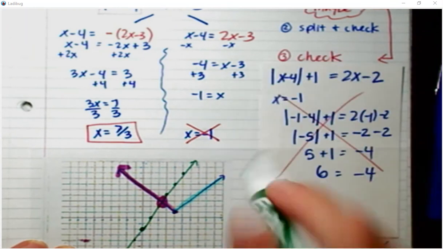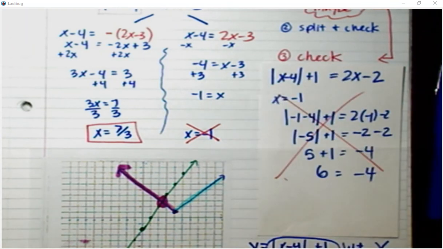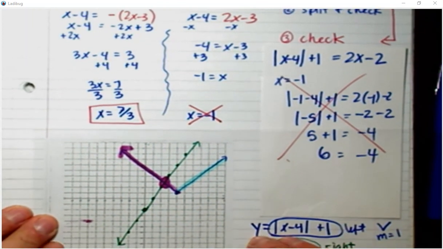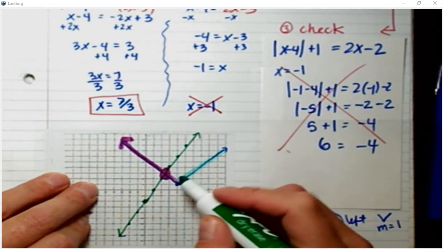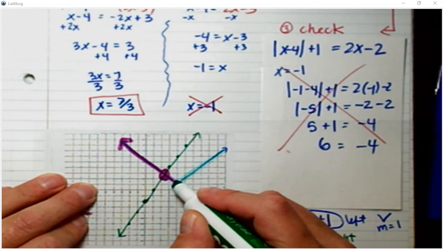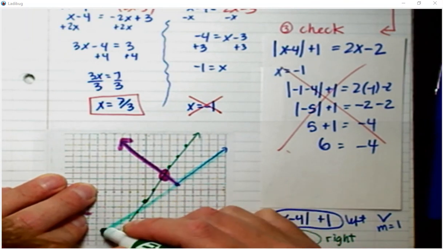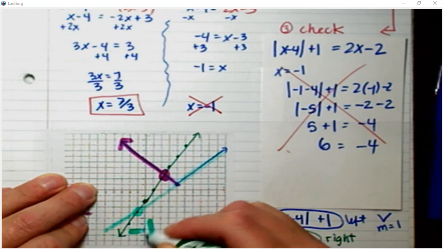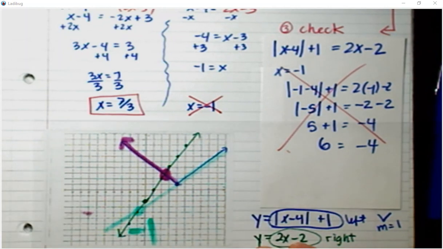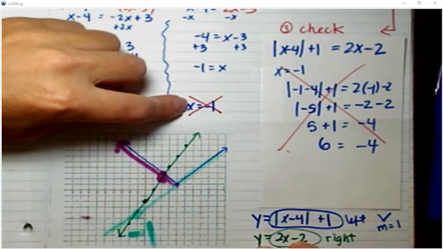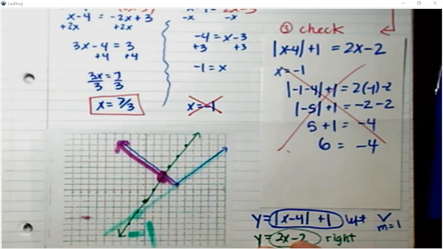That's why it's extraneous. Extraneous things don't appear on the graph, but kind of crazily, wait for it. It's like hiding.